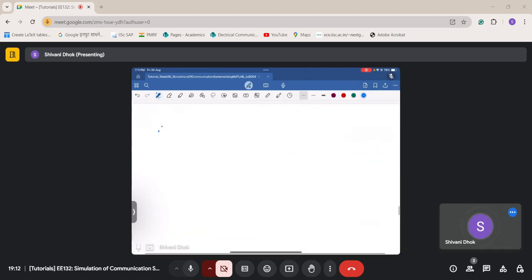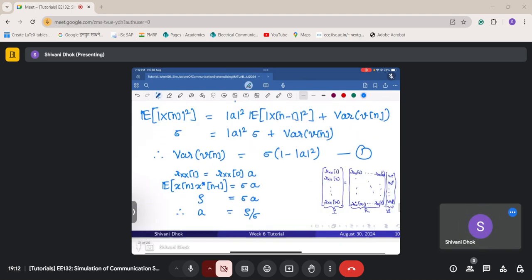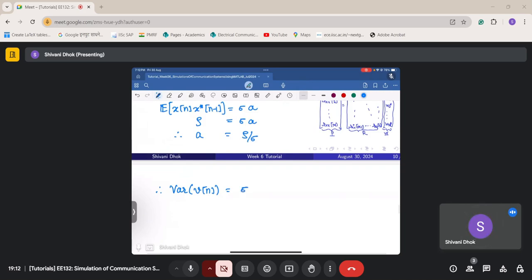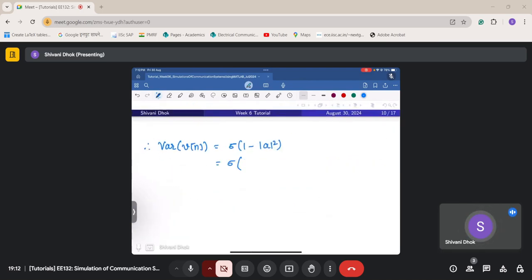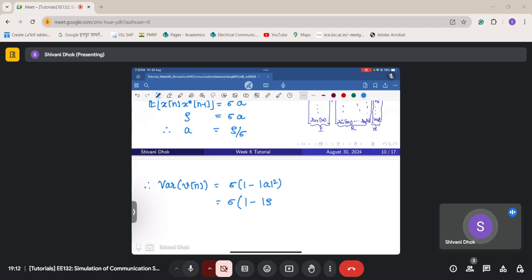So the variance of v of n, the innovation component, is equal to sigma into 1 minus magnitude of a square. Magnitude of a square will be mod rho square upon sigma square.